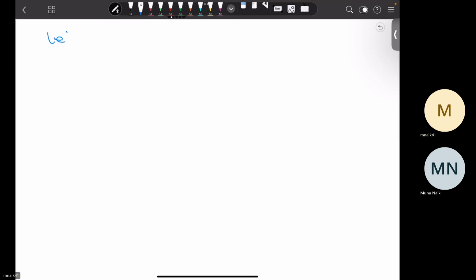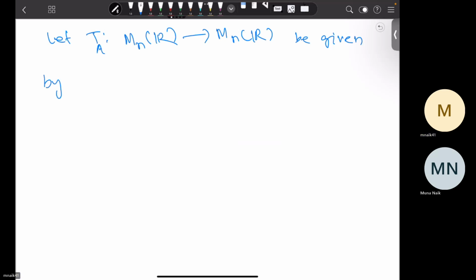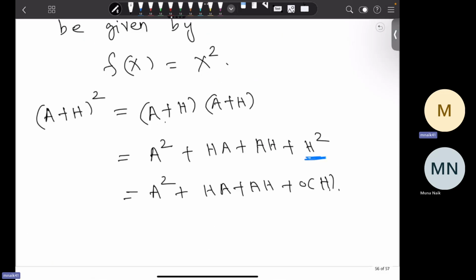Let T from M_n(R) to M_n(R), at a, be given by T_a(h), which is really h a plus a h.